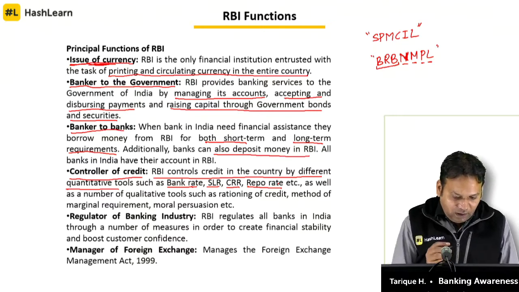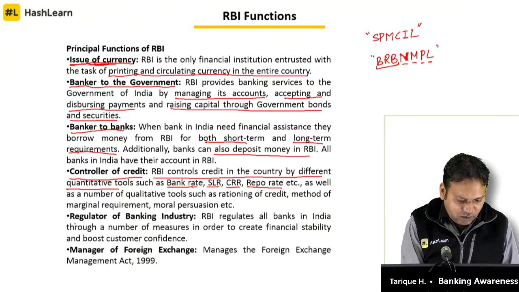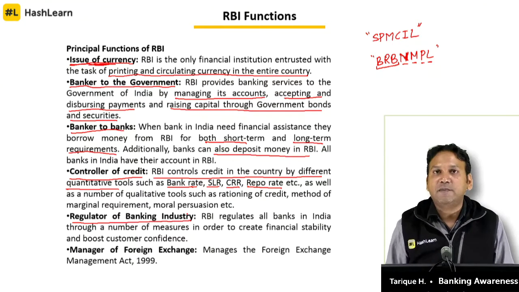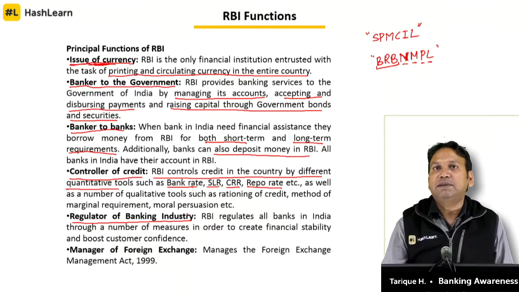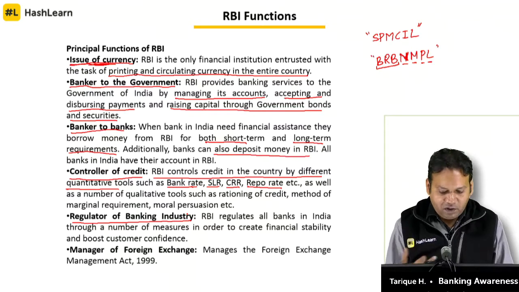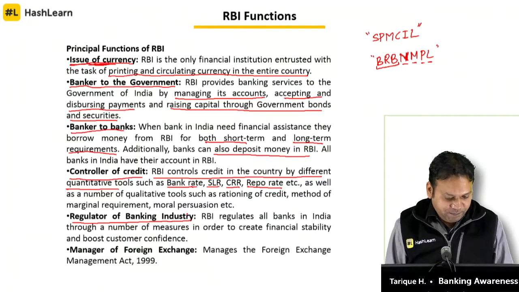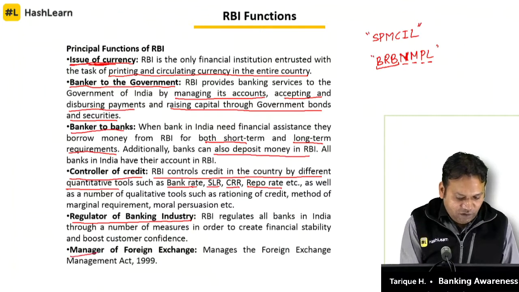Now let's see what is another regulator of the banking industry. Obviously RBI, as I discussed earlier, in addition to being banker to banks, where RBI gives money to banks and also accepts deposits from banks, also regulates the banking industry by different measures to bring in financial stability, to improve the quality of capital in our country, and is manager of foreign exchange.